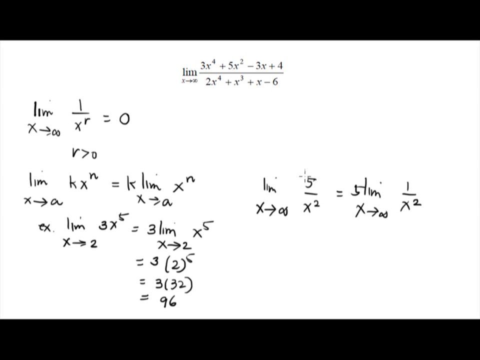So look at how it's like factoring out the number. This is 5 times 1. So if I put the 5 outside, then you have 1 over x squared. And from the rule that the limit as x approaches infinity of 1 over x to the r is equal to 0, this would mean 5 times 0 equals 0. So the limit of this is also equal to 0.